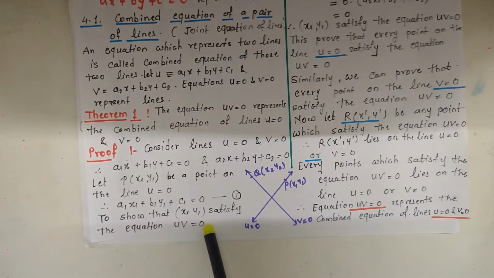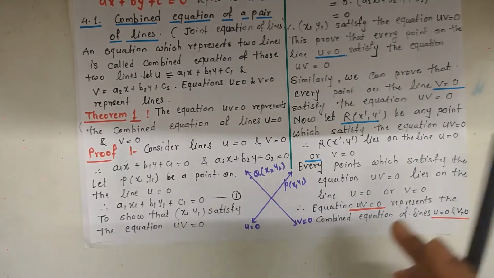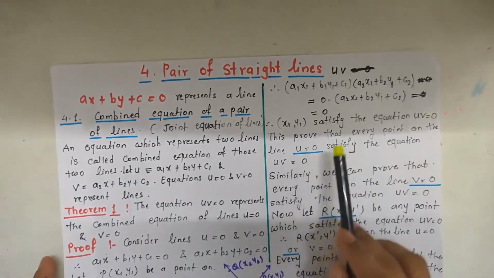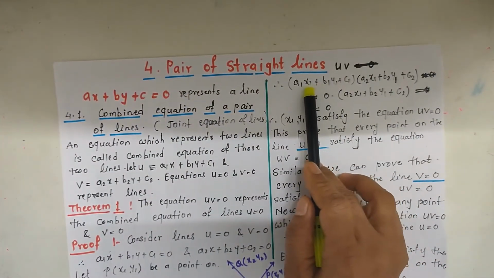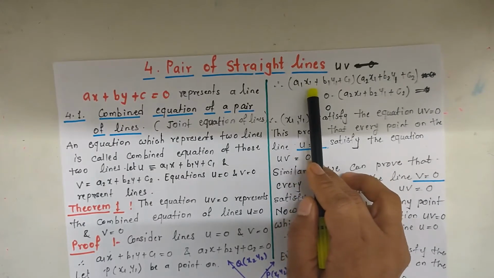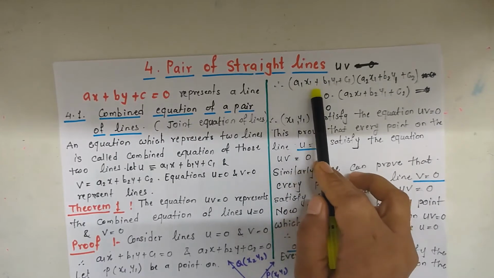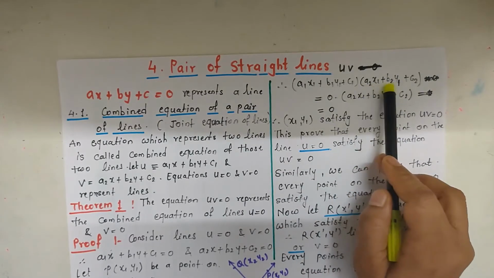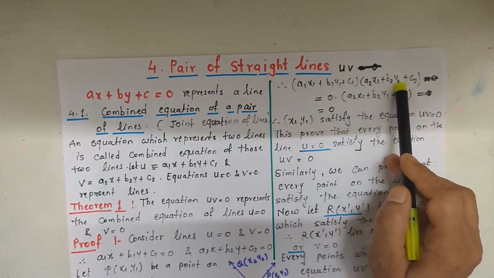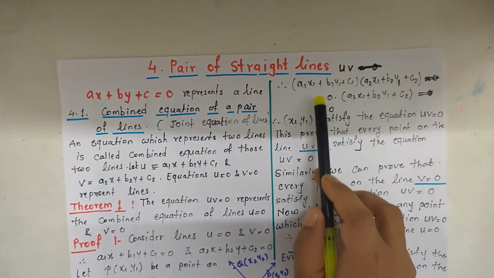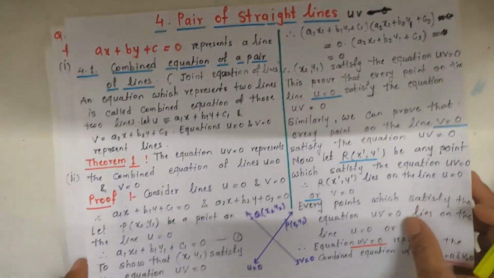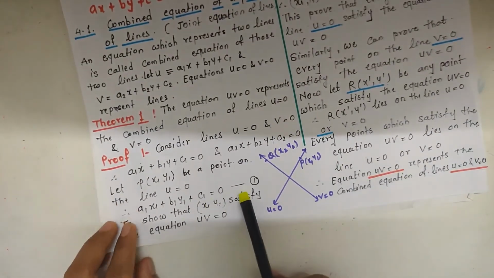For this we consider the left side, u into v. Write the equation of u in x1, y1 form, a1x1 + b1y1 + c1, and the second equation in x1, y1 form, a2x1 + b2y1 + c2. The value of the first equation from equation number 1 is 0.